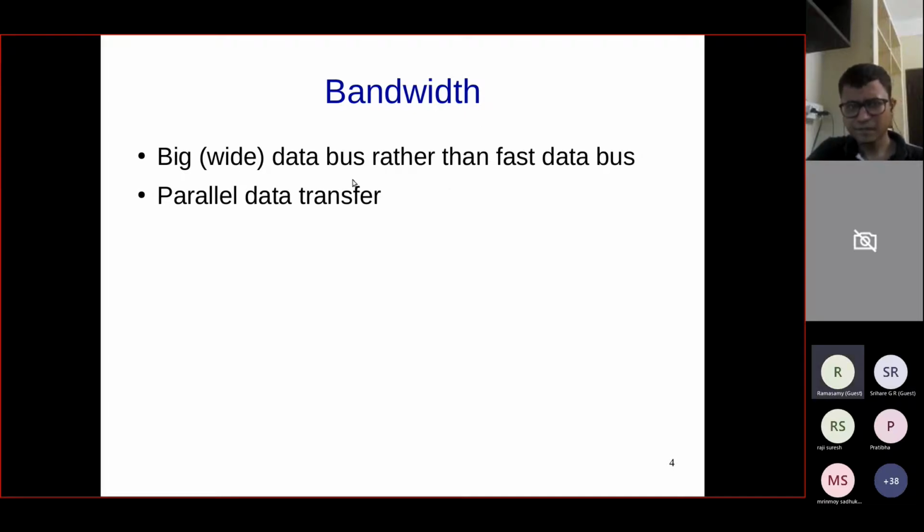And bandwidth can be improved by parallel data transfer, that is, transferring more than one block of data at a time, from memory to core or something like that. Why are we talking about all this? The GPU is, as I told you, somewhat like a throughput-oriented architecture.